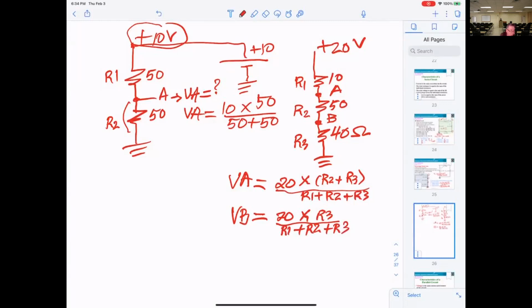That is how we calculate it. If you get a question, just let me know. I don't care about the answer, but I have given you the way of doing the calculation using the voltage divider.